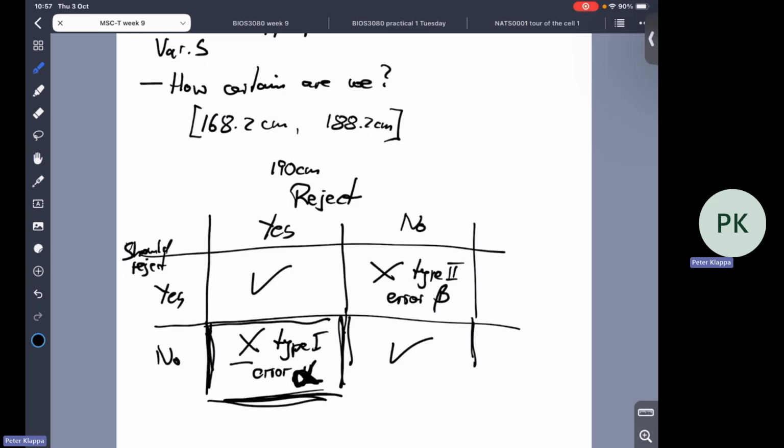Because if the bouncer is too shy and says, I want this to be almost 0, it means they won't reject anyone. So we need to find the Goldilocks zone for this alpha. We want it a little bit, but not too much.